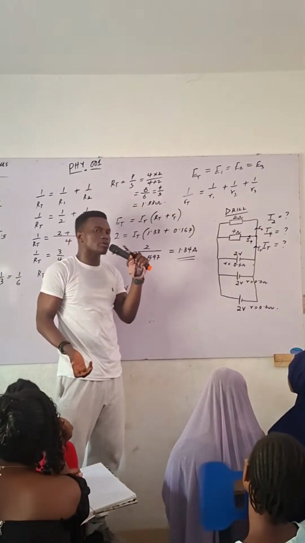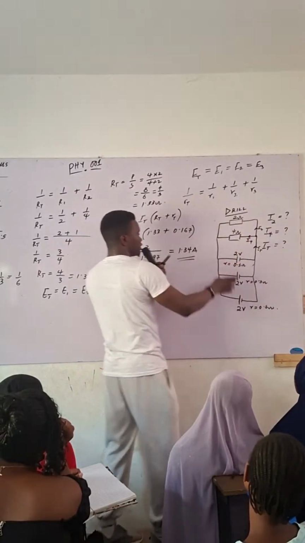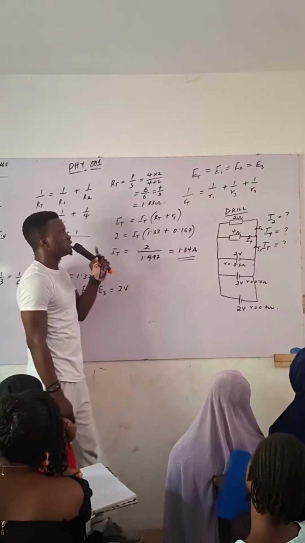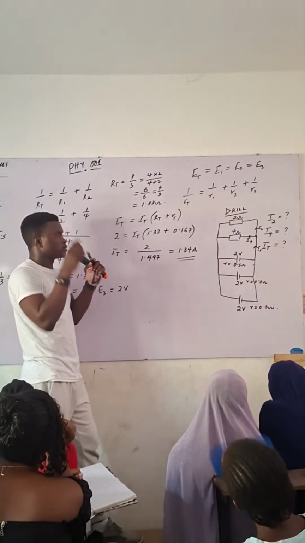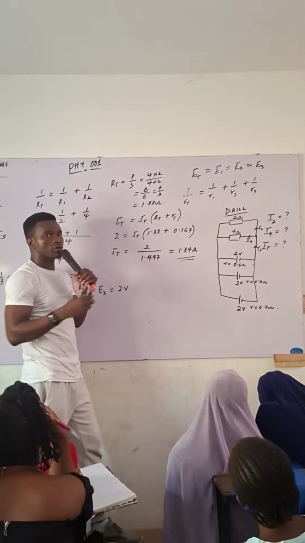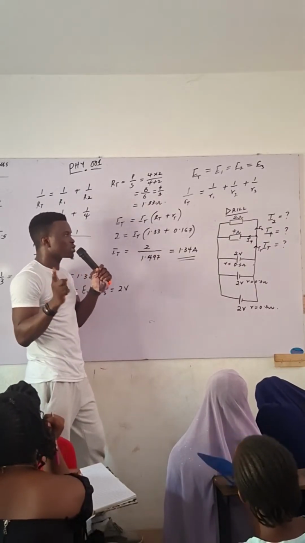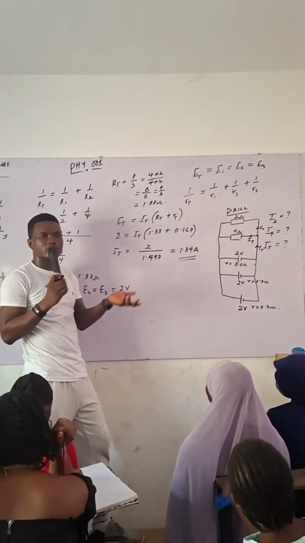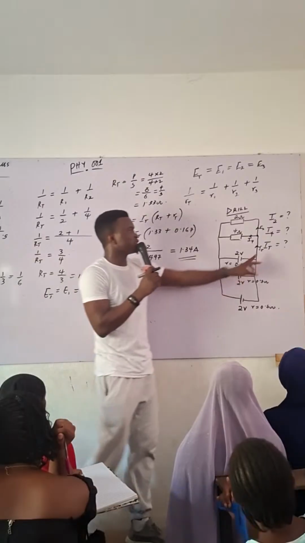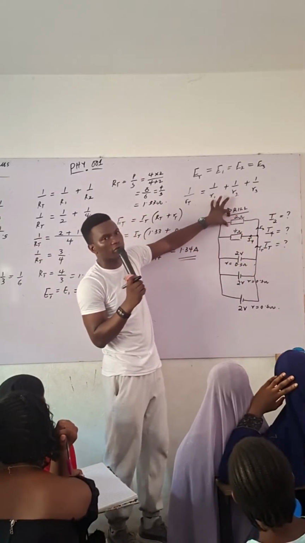Since we already know I total, whatever it is, I total will just divide. But I don't really want to assume so that I don't mislead you. I got the question off hand. I don't want to assume, but my only assumption, in case you find yourself in a scenario like this, is that if this is the I total and this divides, what would be the potential for this?